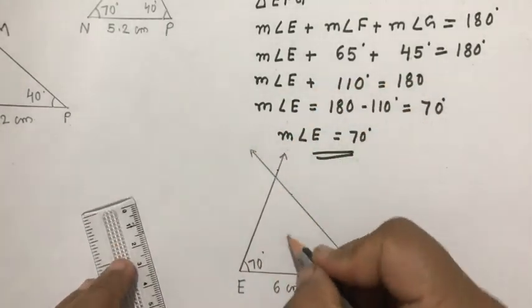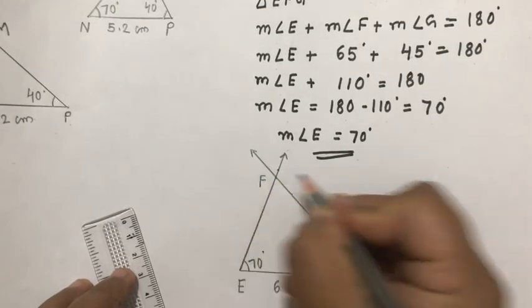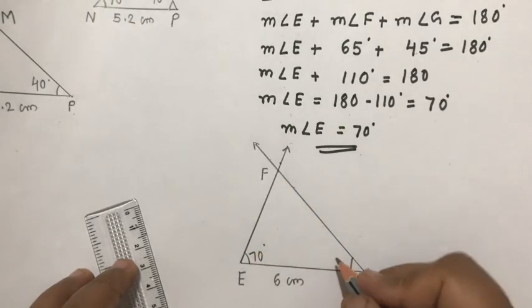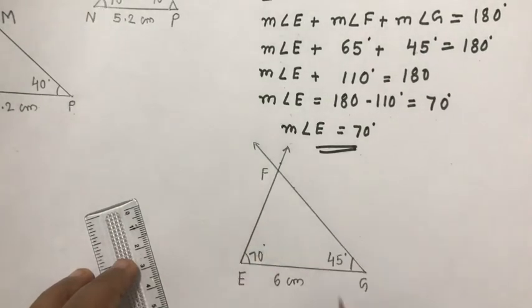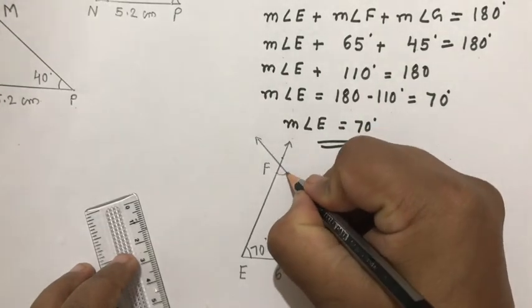Where these both rays are intersecting, that point is point F. And angle EGF is of 45 degree, and this angle will be of 65 degree.